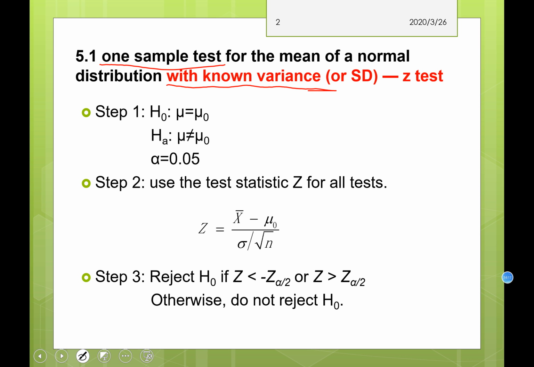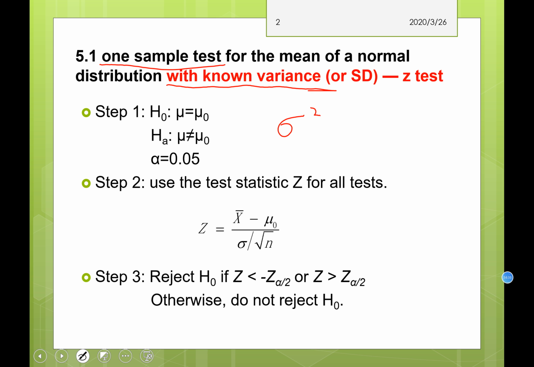So what is variance? Do you remember that? In chapter 1, we talked about the variance, right? In statistics, we use sigma square to represent variance.